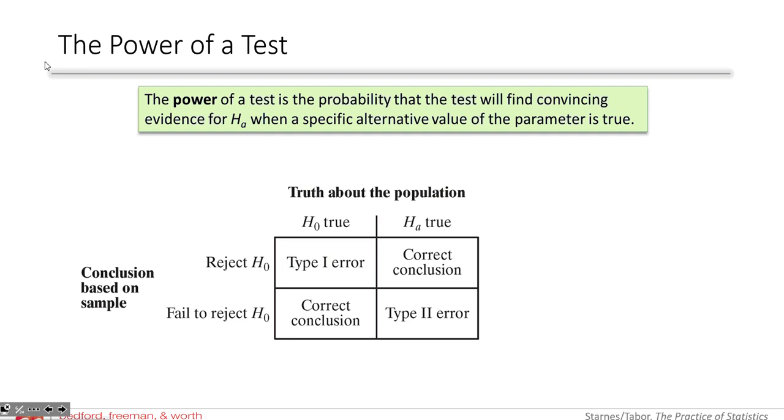So in other words, we will reject H0 and find convincing evidence for HA when a specific alternative value of the parameter is true. So in other words, when HA is actually true. So the power of the test is really like this box here.